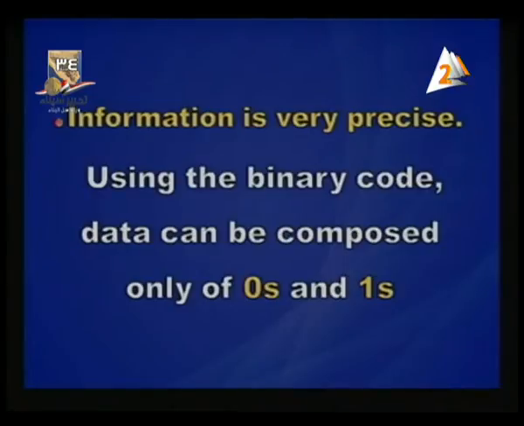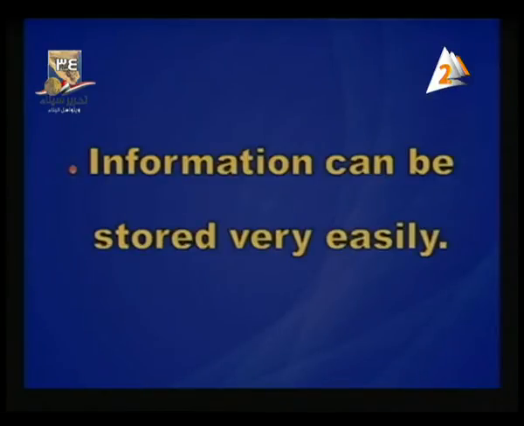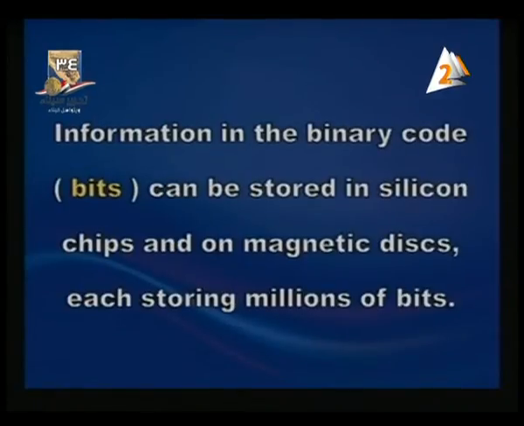Using the binary code, data can be composed only of zeros and ones. Information can be stored very easily. Information in the binary code, which we call bits, can be stored in silicon chips and on magnetic disks, each storing millions of bits.